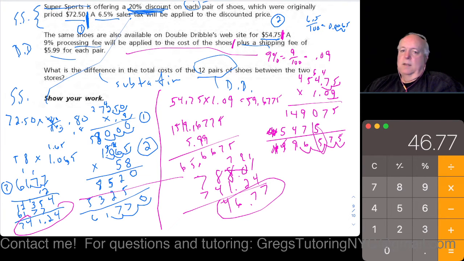Awesome. All right. There's other approaches you could have taken to this problem. Let me change the color of the pen again. Let me make it green.